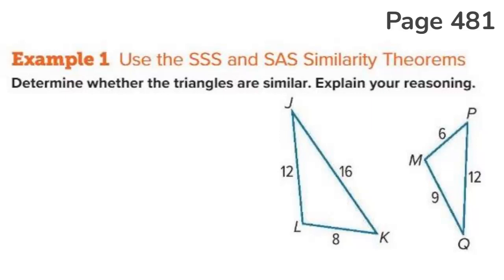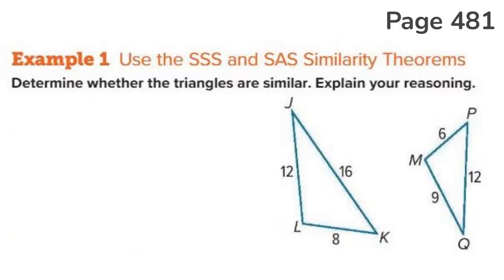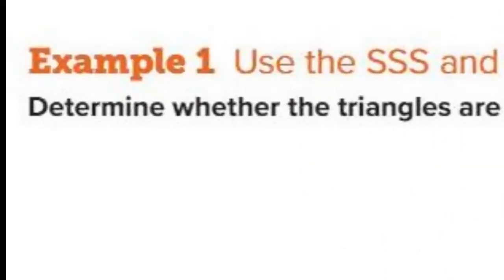So that's more than one page forward. Your book has a whole bunch of work right in here that is absolutely doing too much. So I want you guys to write in the right-hand margin.